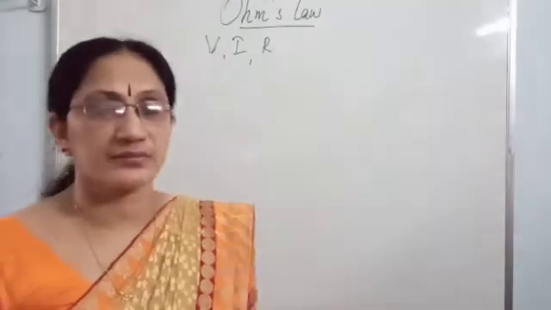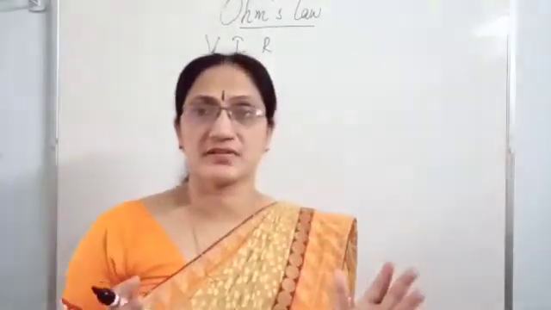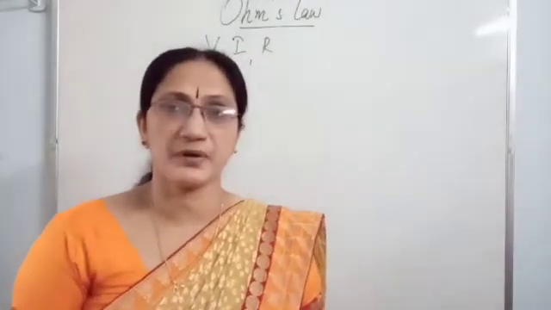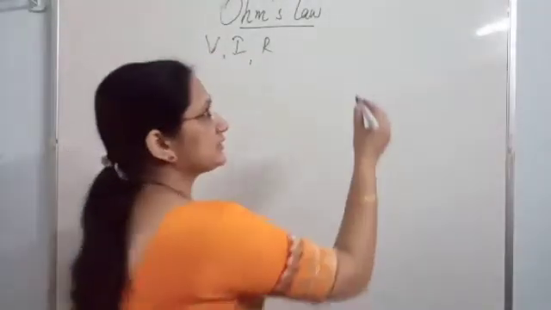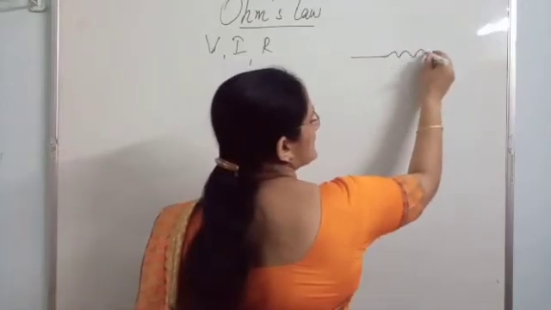Consider a conductor. You may take a resistance wire as the experimental wire, and the symbolic representation of a resistance wire is just a zigzag line.